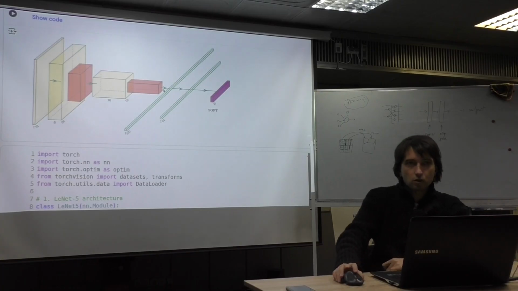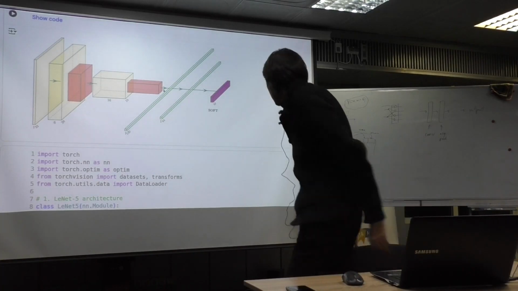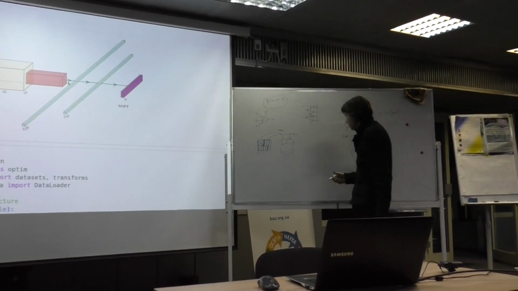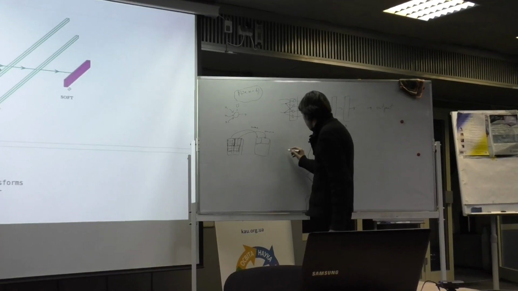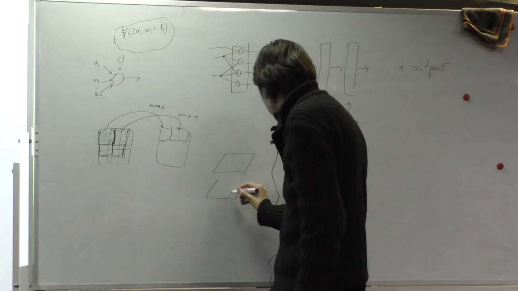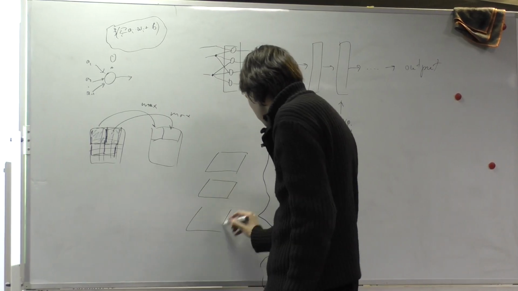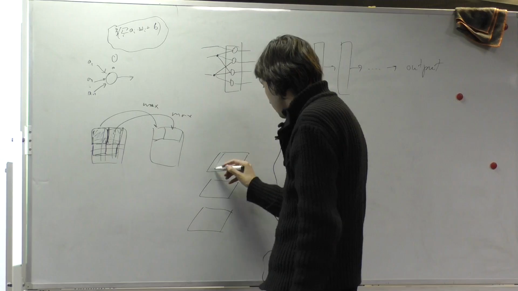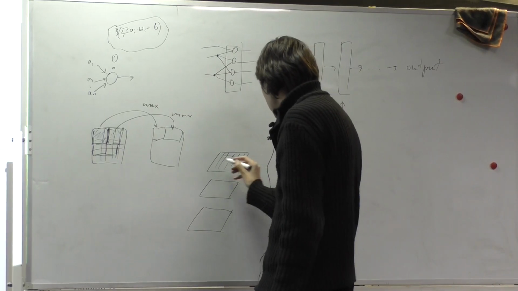So maybe, I'm not sure if I should show this, but let's do that. So if you have some number of input channels, so here, these all are some sort of images. So we have some pixels in here.